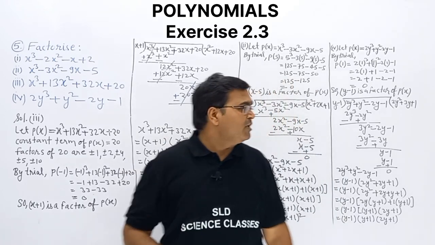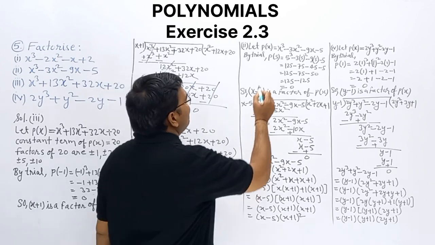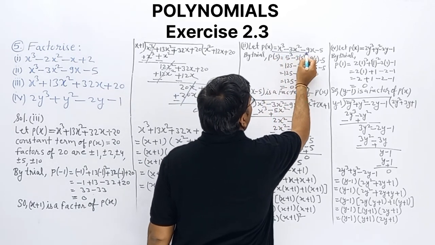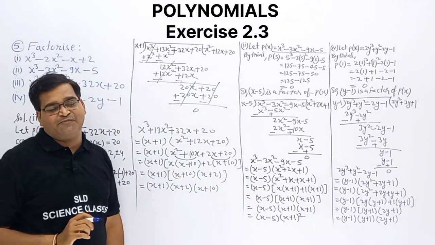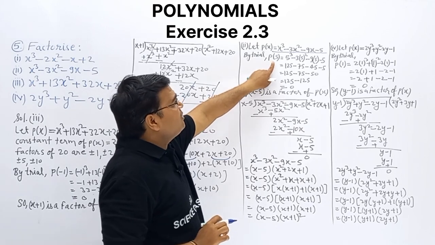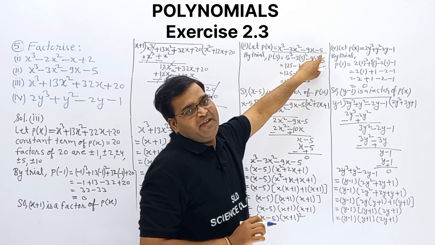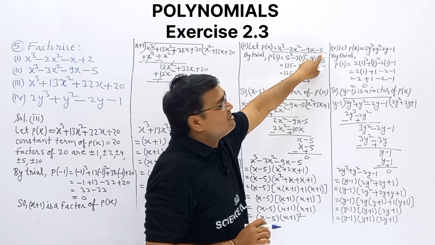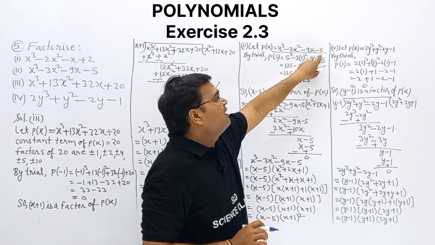Now I am taking question number two. What is the question? It has one polynomial, x cube minus 3x square minus 9x minus 5. By trial, its possible factors are plus minus 1 and plus minus 5. So we will put plus 5, minus 5, plus 1, minus 1.